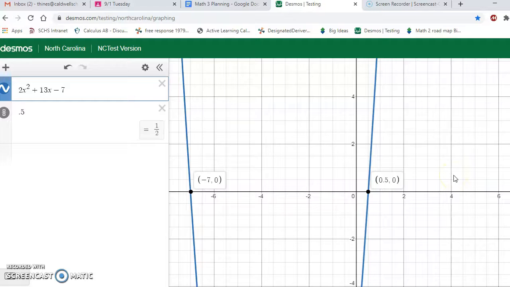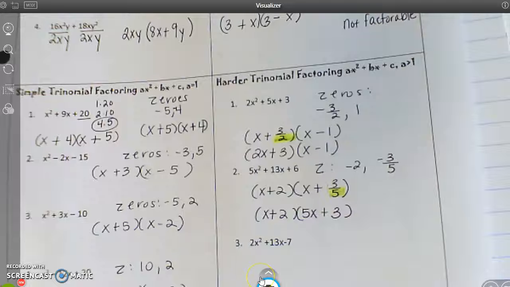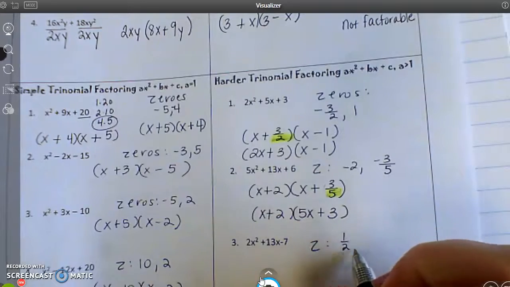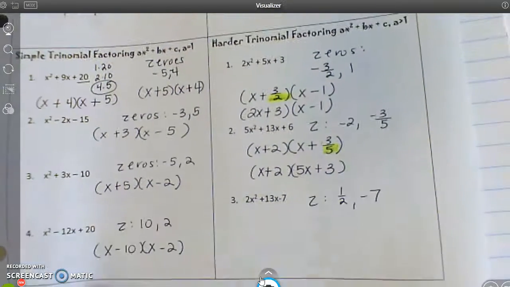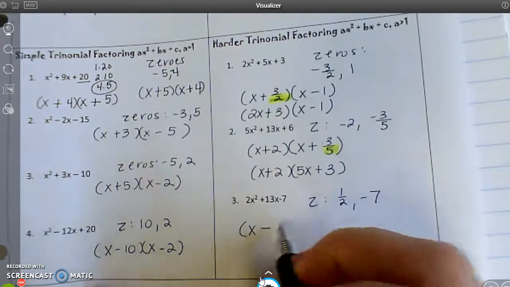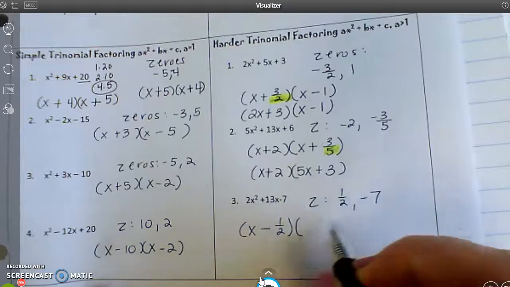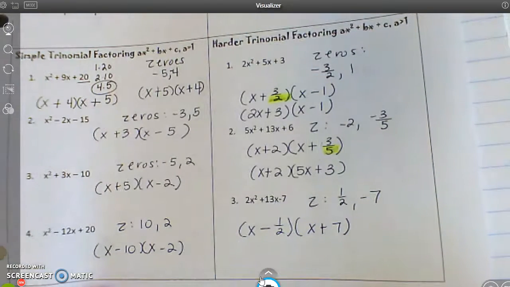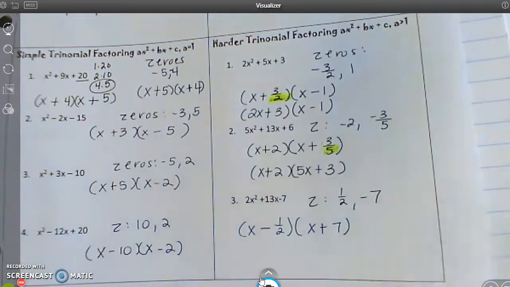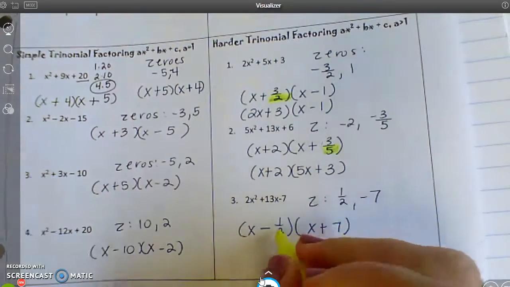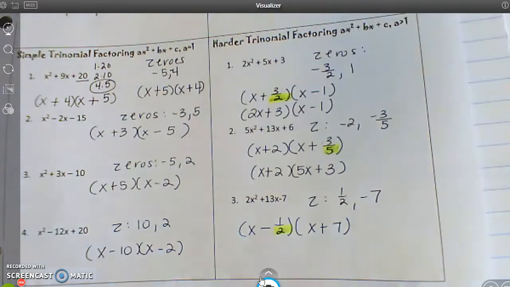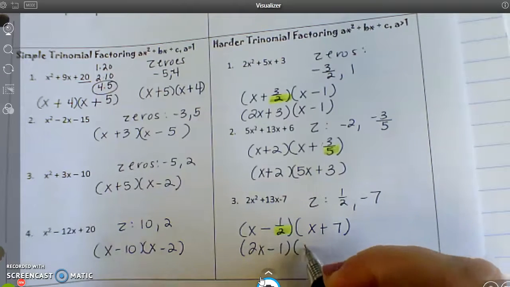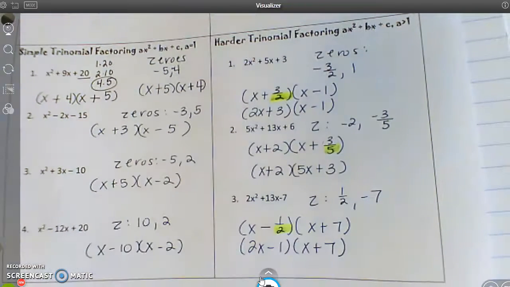So we've got 1/2 and negative 7 as my zeros. So x minus that one, change the sign on that one. Remember the fraction one, that number has to be multiplied. Got to get rid of it. So it would be 2x minus 1 and then x plus 7.